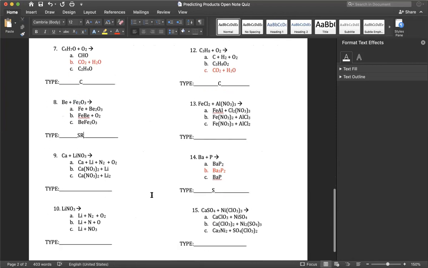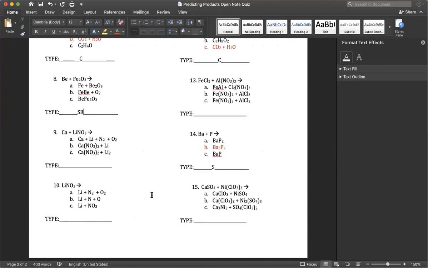What's my other single replacement reaction that's on here, where I have an element and a compound, a metal in a compound more specifically? 13? No, that's double replacement. 10?